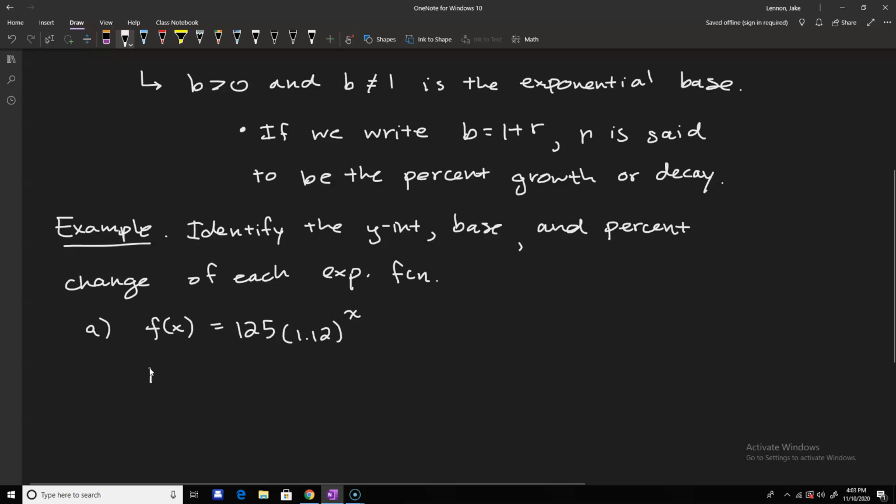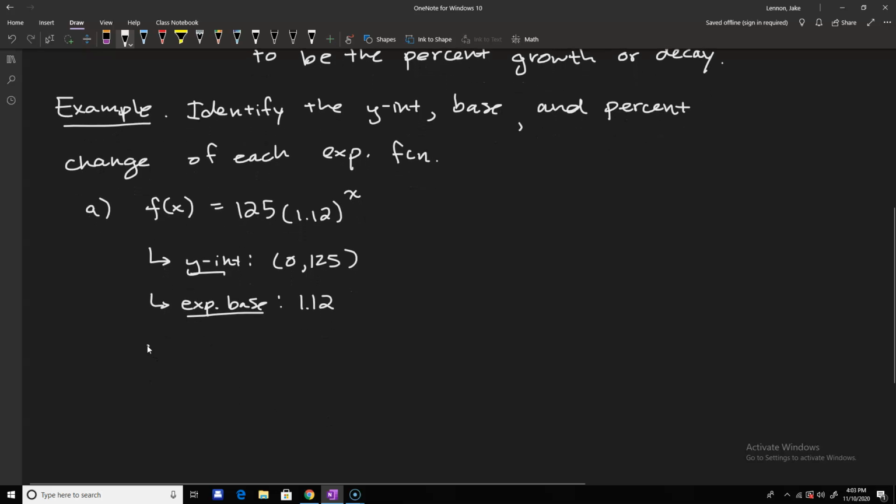Okay, so just looking from the above things, again, if you plug in 0 for x, 125 is the guy in front, so your y-intercept is just 0 comma 125. Your exponential base is just the 1.12. So how do we figure out what the percent change is? We would say, okay, well, 1.12, which is b, is equal to 1 plus r, and then we just solve this equation for r.